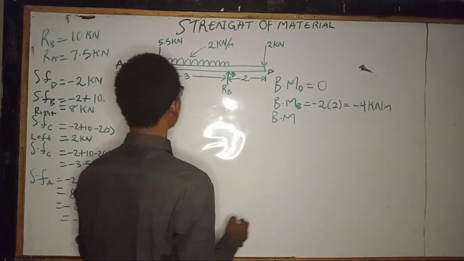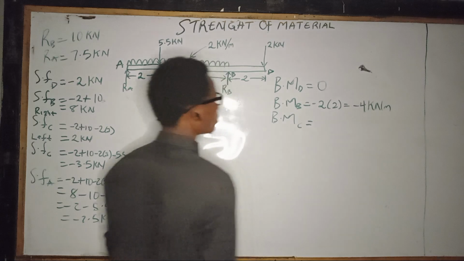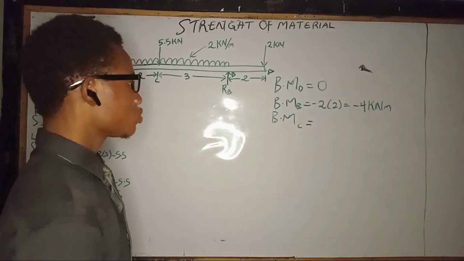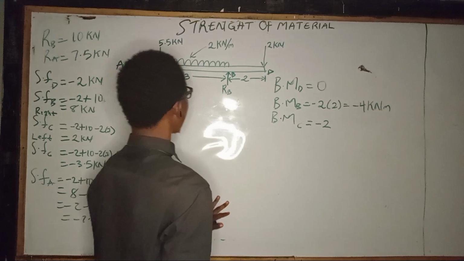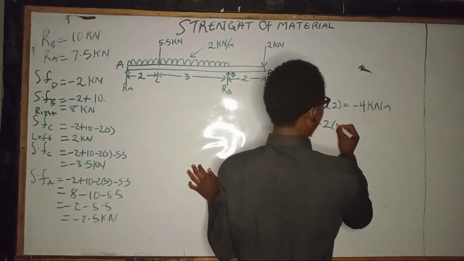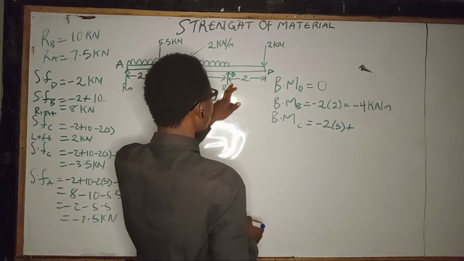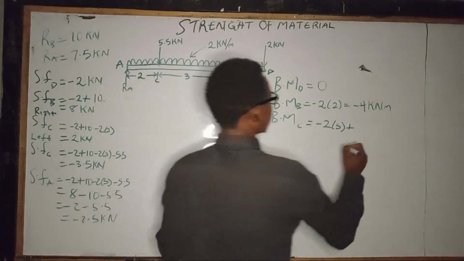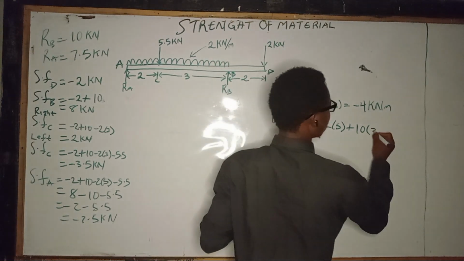Now the bending moment at C would be equal to minus 2 times the distance from here, that is times 5, plus the reaction at B, which is 10, times the distance, 3.